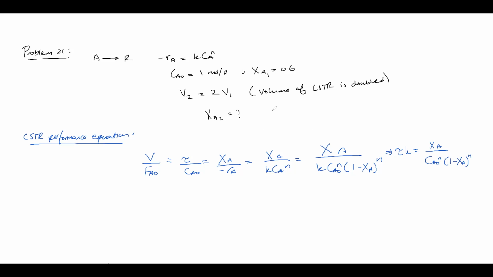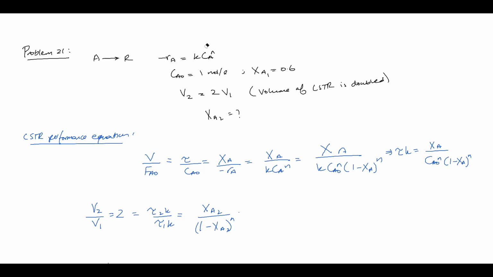And I have tau K1, tau K2, XA1, and I need to find XA2 in this case for different values of N. So if I know that V2 over V1 is equal to 2, this is equal to tau 2K over tau 1K, and this will be XA2 divided by 1 minus XA2 to the power N, multiplied by 1 minus XA1 to the power N over XA1. CA naught does not change, and since I'm dividing, it cancels out. 1 minus XA1, which is 0.6, will actually be 0.4.